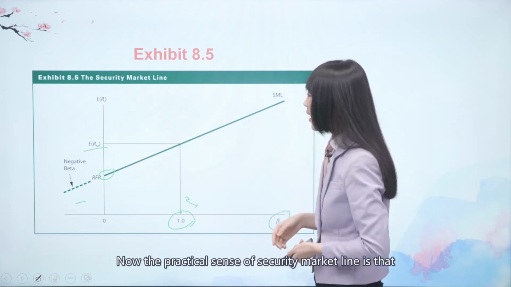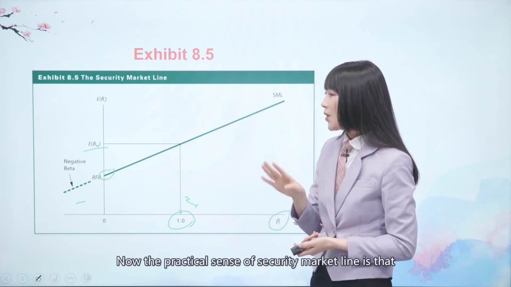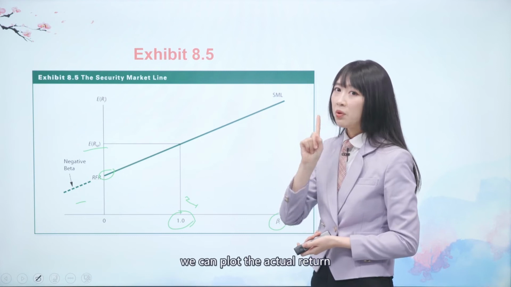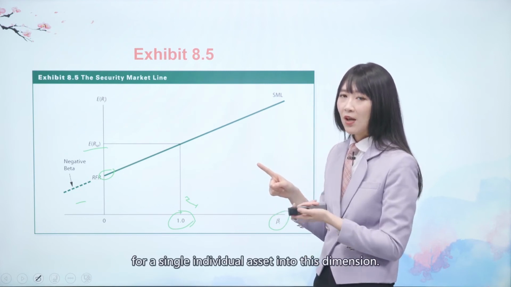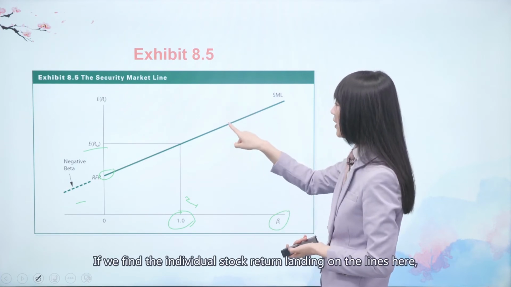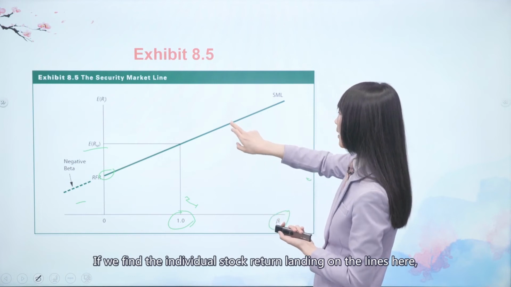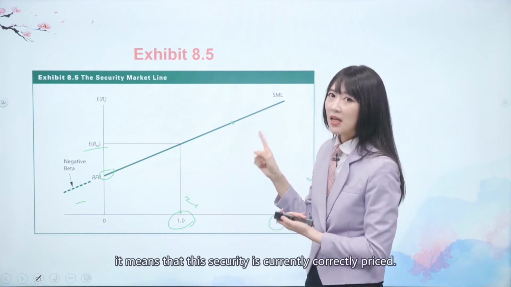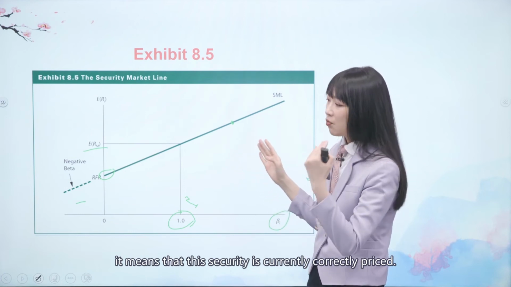Now, the practical sense of the security market line is that we can plot the actual return for a single individual asset into this dimension. If we find the individual stock return landing on the line, it means that this security is currently correctly priced.